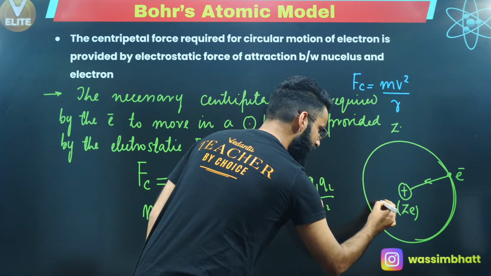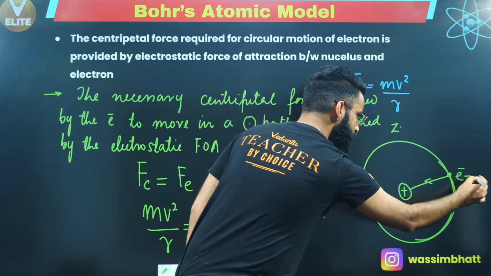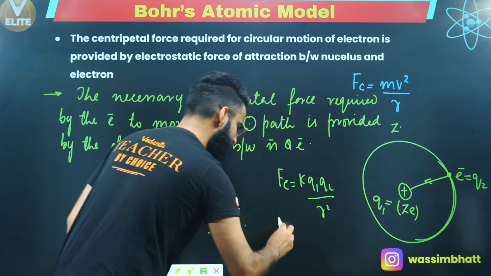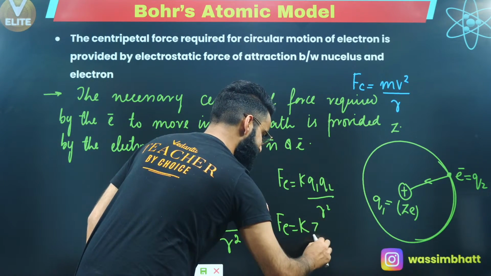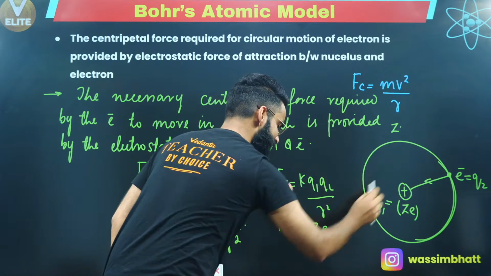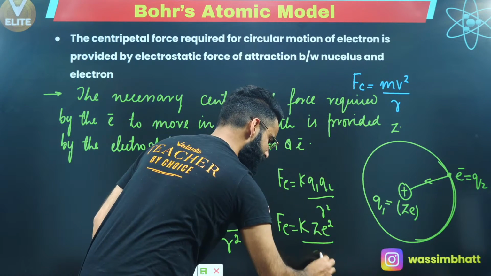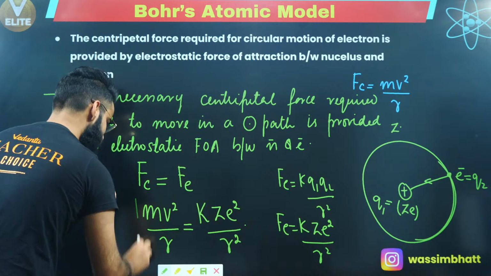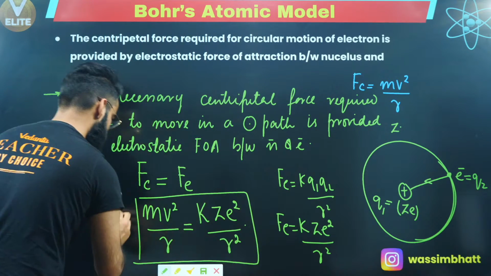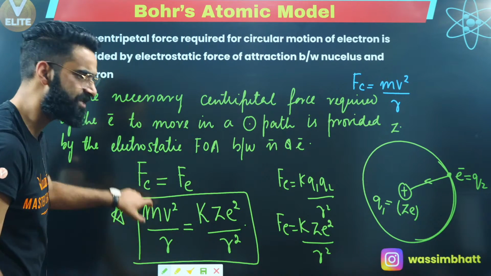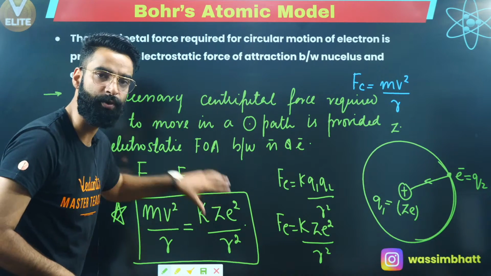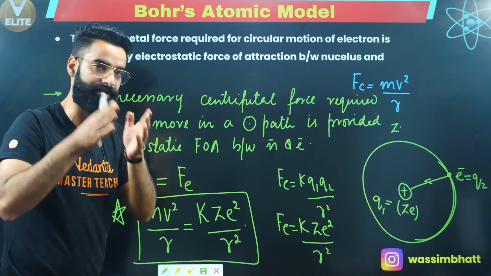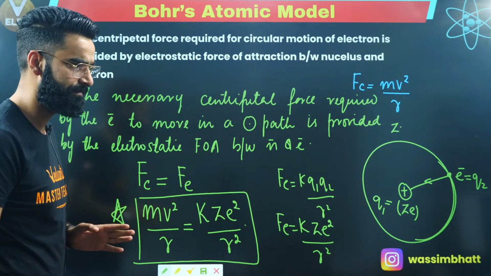Over here, Q1 is Ze and Q2 is e. You can put the values, and you get Fe as K, instead of Q1 writing Ze, instead of Q2 writing e, so it becomes K Ze square divided by r square. So basically, this is the formula which you are going to remember. The necessary centripetal force for the electron to move in a circular path is provided by the electrostatic force of attraction between the nucleus and the electron, right?